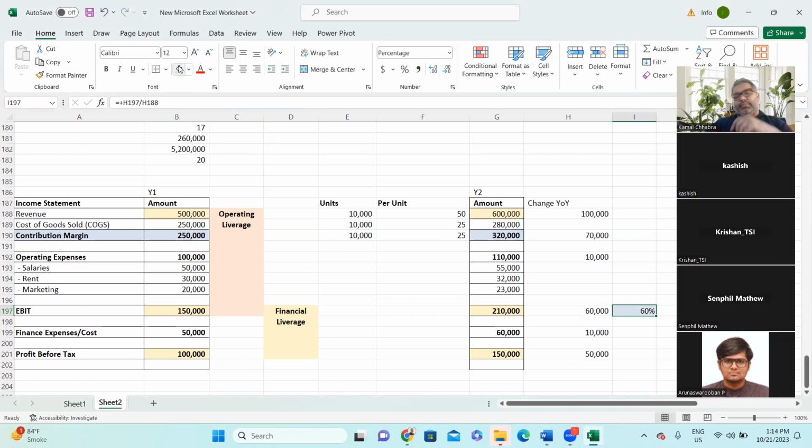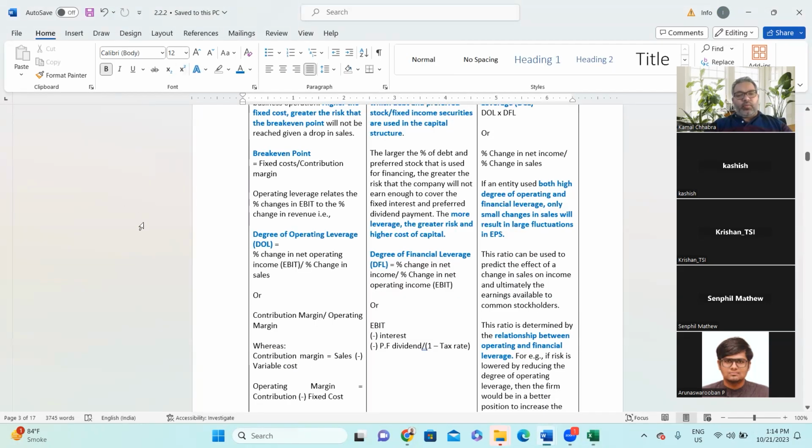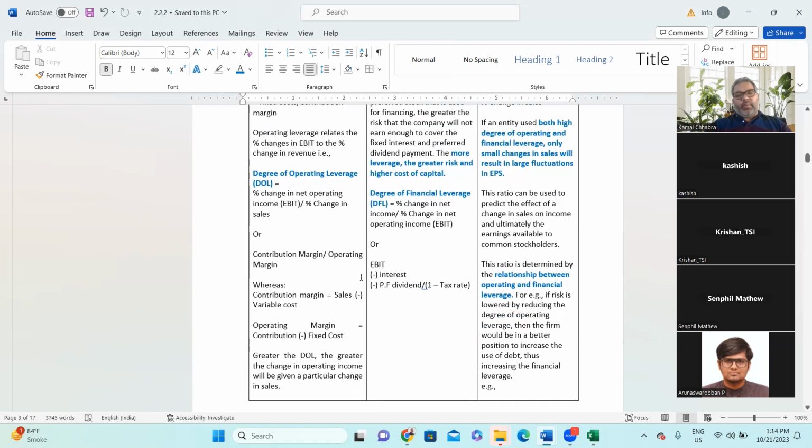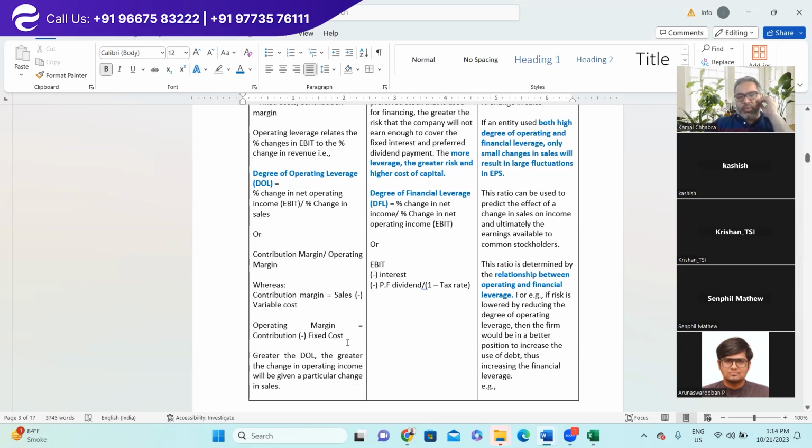Yes, sir. Okay. So now the other method would be contribution margin divided by operating margin. Whereas contribution margin is sales minus variable cost, operating margin is contribution minus fixed cost. What they are saying, the other formula could be contribution margin divided by operating margin.